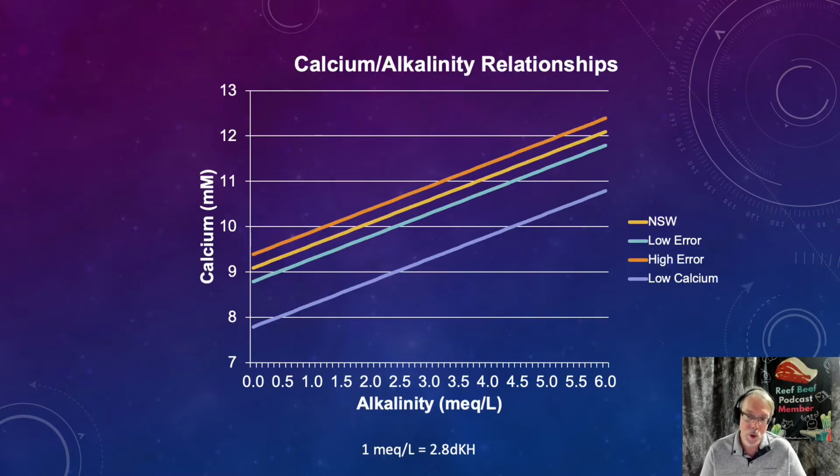So, among other things, I started representing the calcification situation in aquariums in a graph like this, where the vertical axis is often chosen to be calcium, and the horizontal axis is alkalinity. In this case, the slope of the line is set by the alkalinity loss.